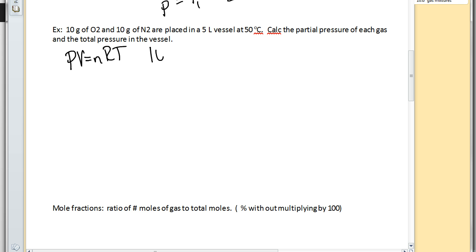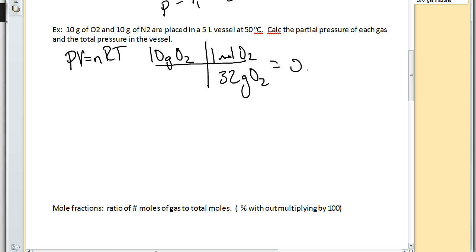So let's take our 10 grams of oxygen, and we're going to convert that to moles of oxygen by dividing by the molar mass of oxygen, and that gives me 0.313 moles of O2. Now I have n, and all I have to do is solve for pressure.